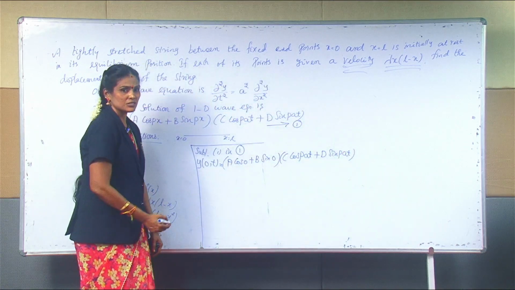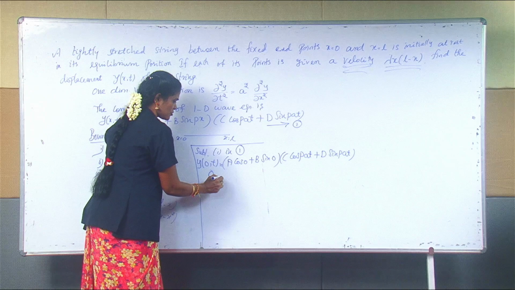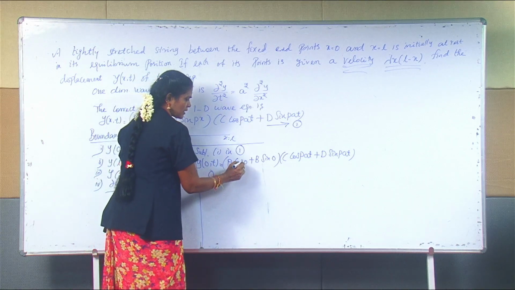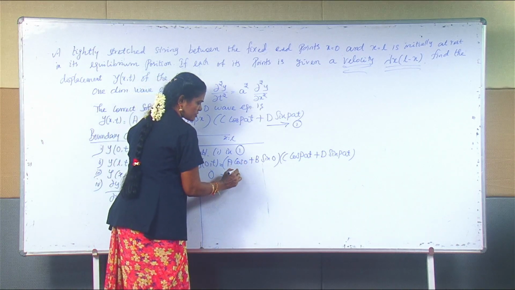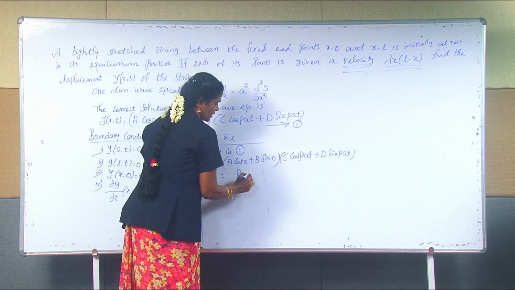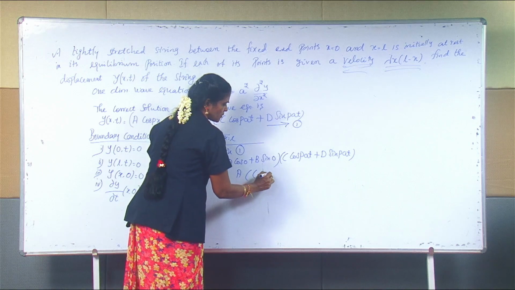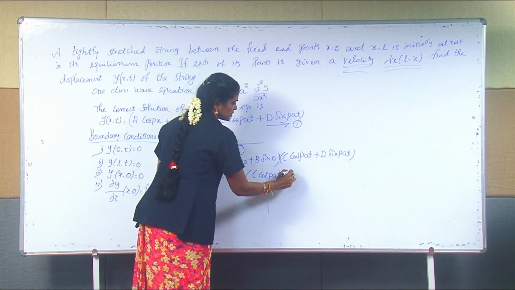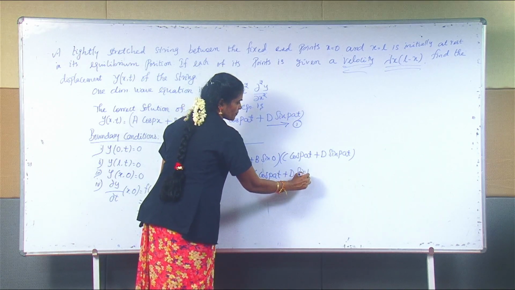By the boundary condition it is 0. So, y of 0 comma t value is 0. Cos 0 value is 1, so a into 1 becomes a, and sin 0 value is 0, into c cos pat plus d sin pat.